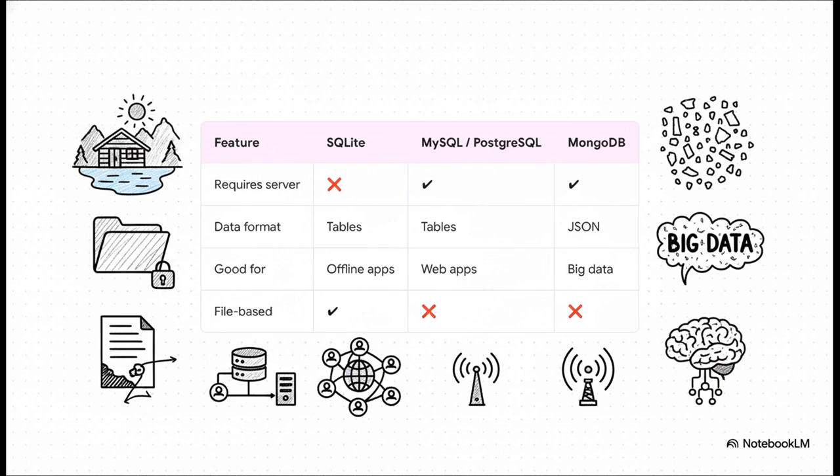But then you have MySQL and Postgres. They are built for the web. They are client-server databases designed to handle tons of users connecting over a network. And then you have something totally different like MongoDB, which is a beast at handling massive amounts of unstructured data. Each one is a specialist, designed to solve a very different kind of problem.